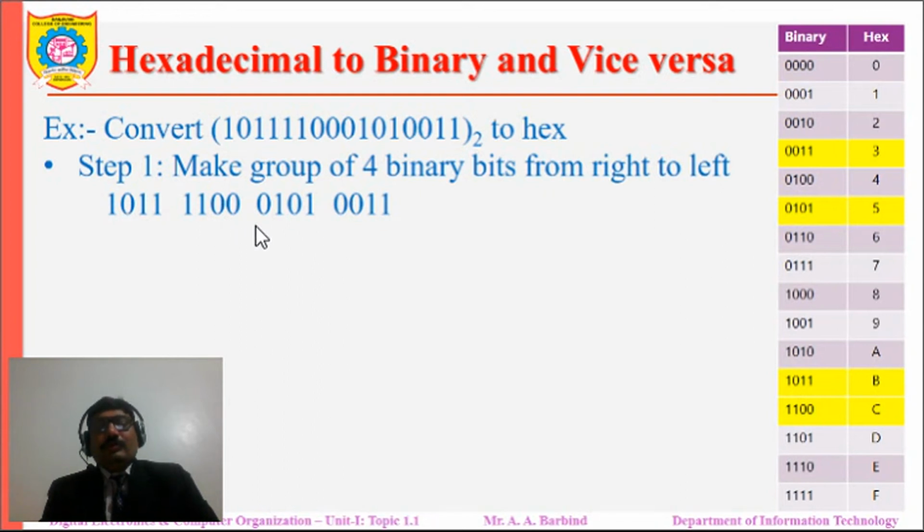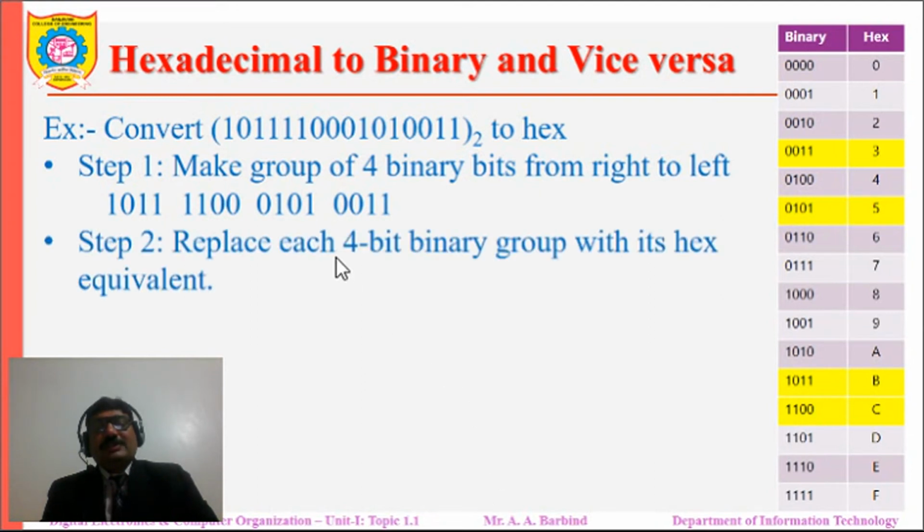Now having grouped these numbers into groups of 4 binary bits, the next step is to replace each 4-bit binary group with its hex equivalent. This particular table gives you the 4-bit binary number and its hex equivalent.